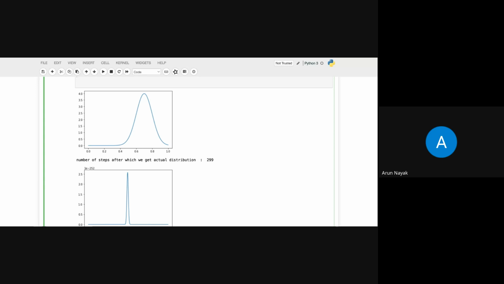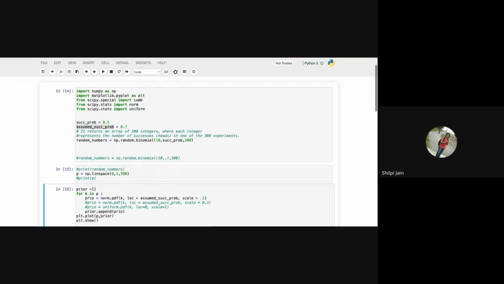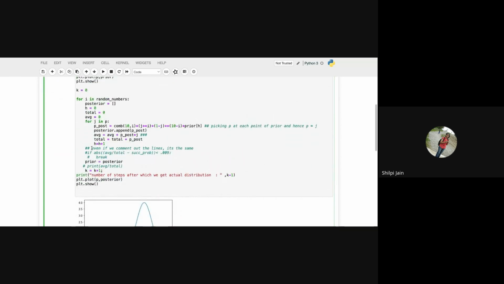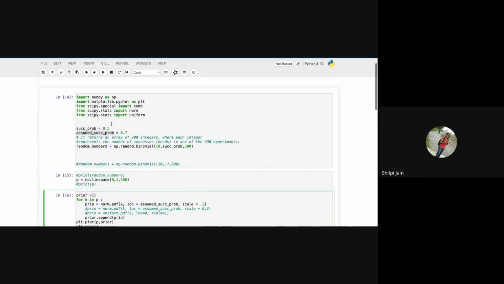When you choose this Gaussian, how do you choose the sigma for that? You can just choose anything. If I choose a wider sigma, you will see that the number of, just a second. Okay, I'll just run this.